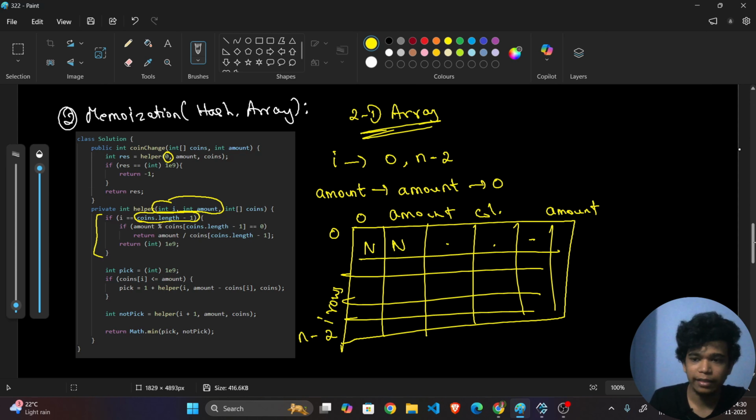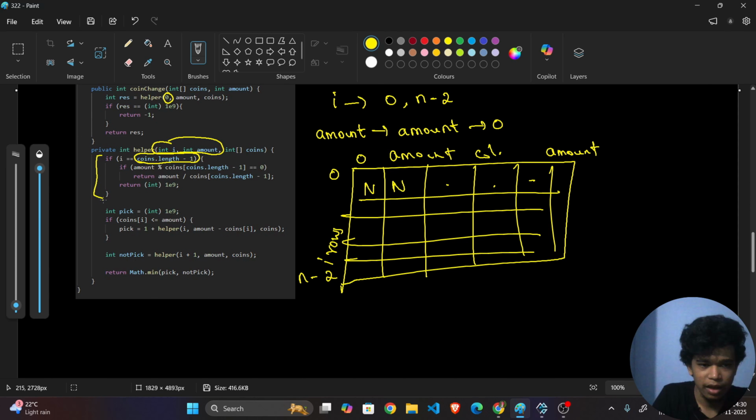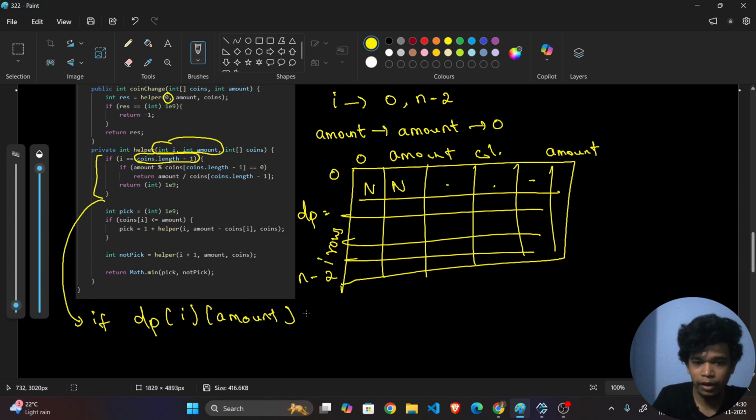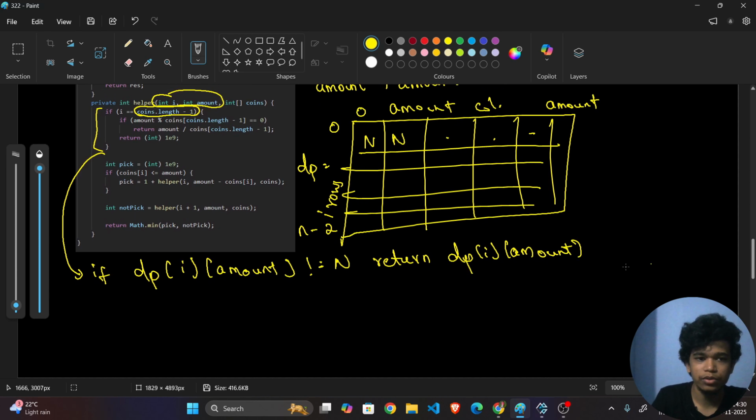Fine. And the next line I want to add, after this base condition, is one more line. For example, say this is dp. If dp of I and amount is not equal to null, then surely I will return that value. Similarly, before returning, I want you to update it.